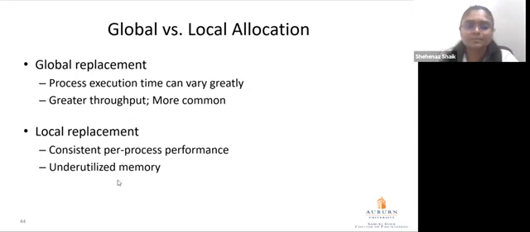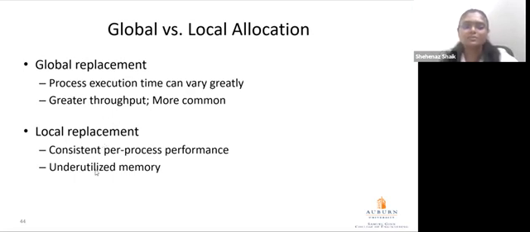Whenever a particular process is making use of all the frames that are allocated to it, and it requests another page which needs to be brought in from the backing store, one option is to identify a victim page from the pages that belong to the same process.